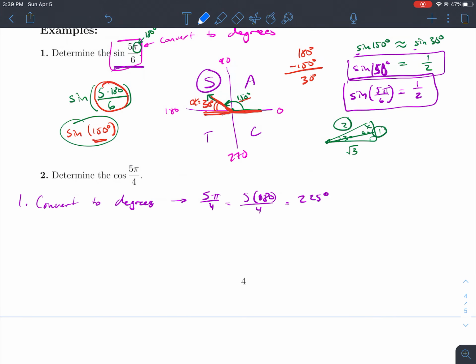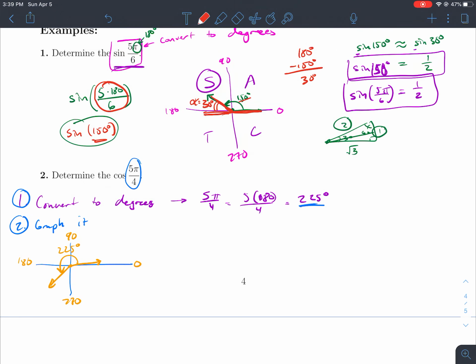All right, next up, to find the cosine of this, you need to graph it. So graphing 5 pi over 4, that's 225 degrees. That's going to be somewhere between 180 and 270, so 225 would be here.